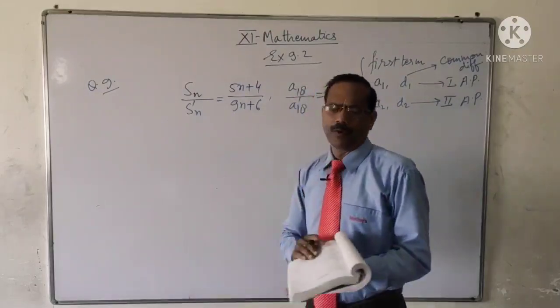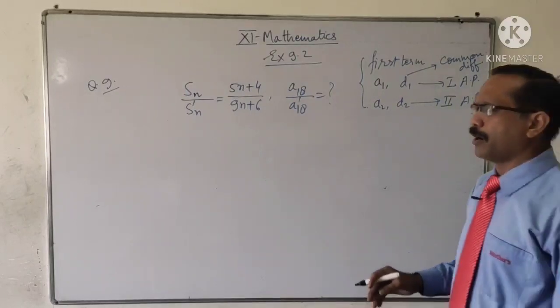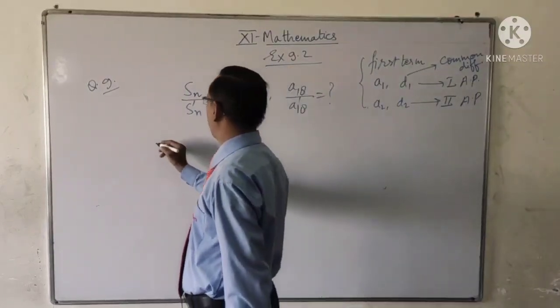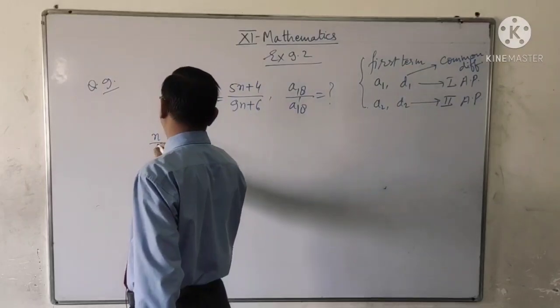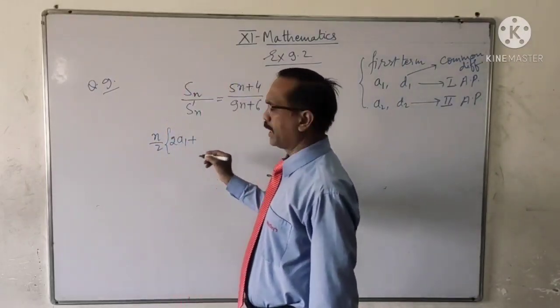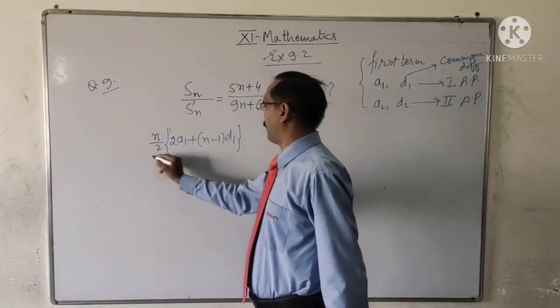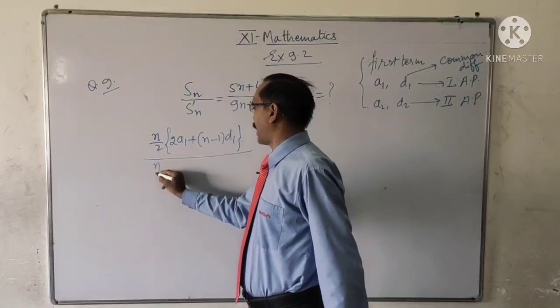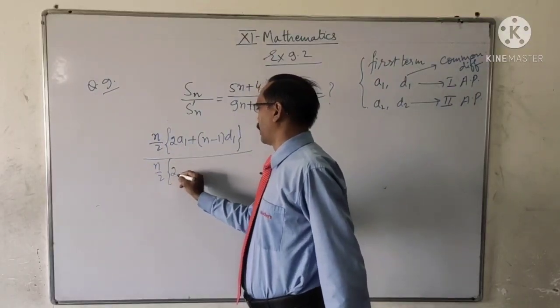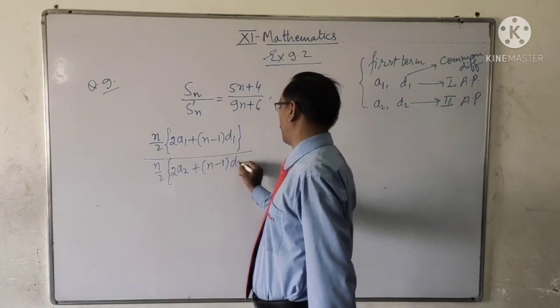The sum of n terms is given. Students, there is a formula: n by 2 into (2 into A1 plus (n minus 1) into D1) divided by n by 2 into (2 into A2 plus (n minus 1) into D2).